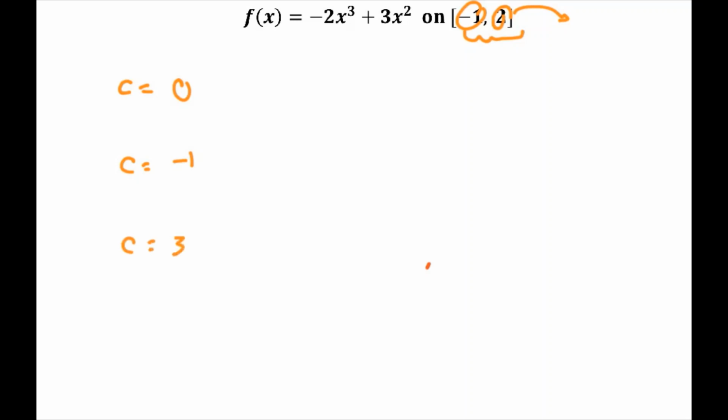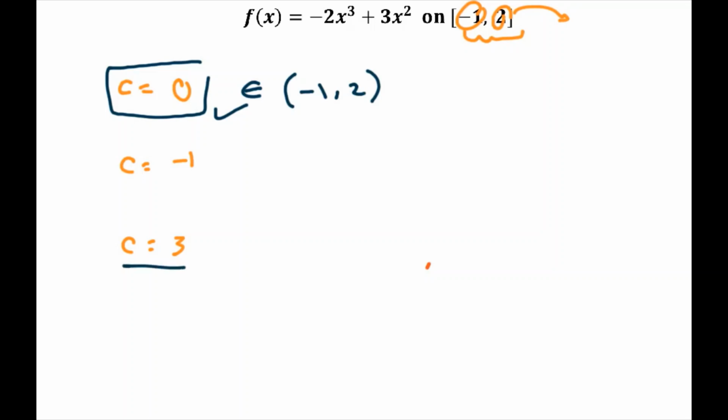Now what happened? When it comes to a number inside the interval, you can say c belongs to the interval -1 to 2. So c equal 0 will satisfy the mean value theorem. What about if it is a number outside the interval, does not belong to the interval? So you will say c equal 3 does not belong to the open interval -1 to 2. Therefore, c equal 3 does not satisfy the mean value theorem for f(x) over the interval -1 to 2.